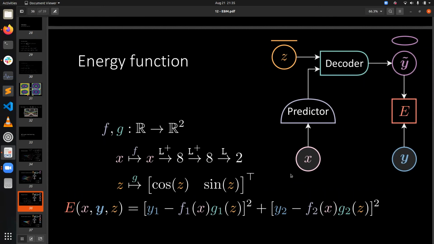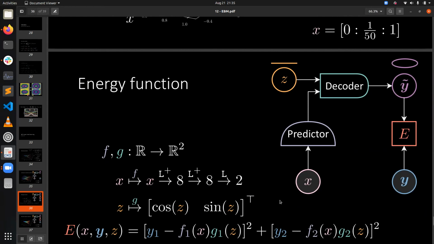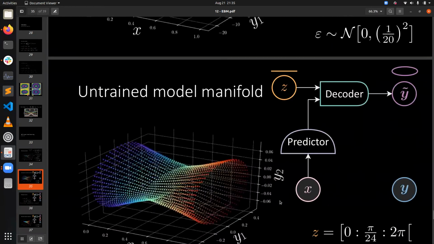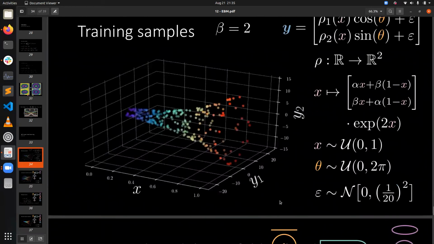So the particular point on this, I don't know how the shape is called, but this weird horn, is determined by a combination of x, and this x is mapped by a neural network to two parameters which determine an ellipse.